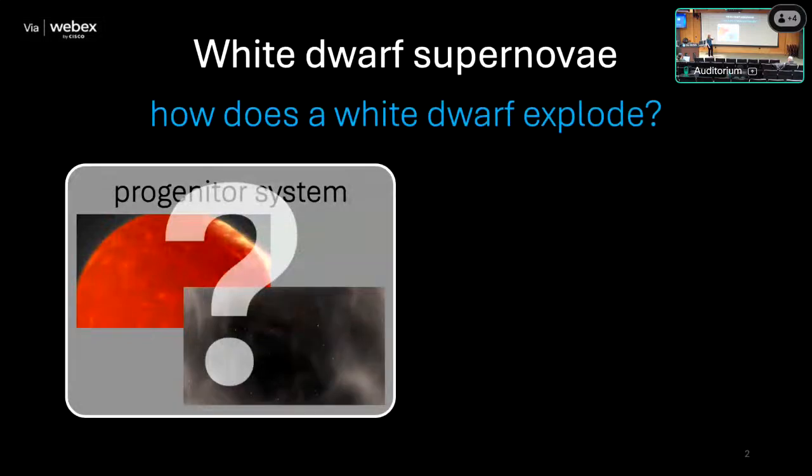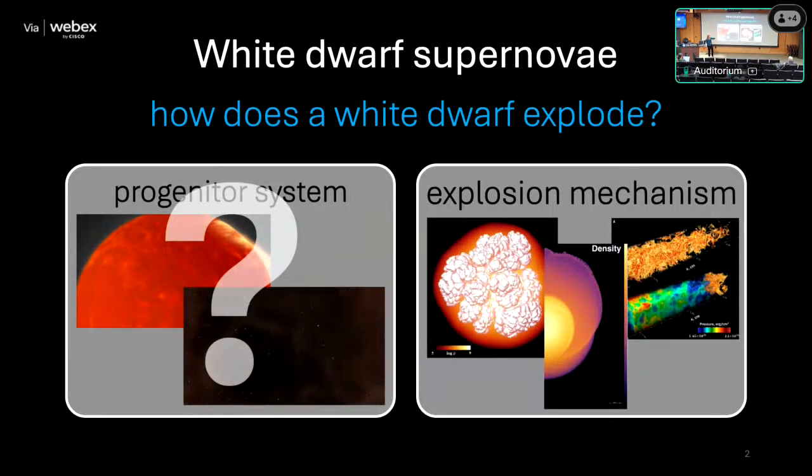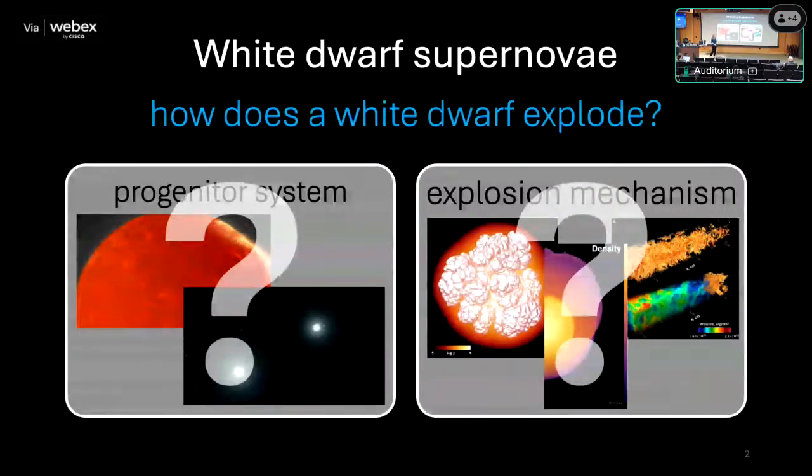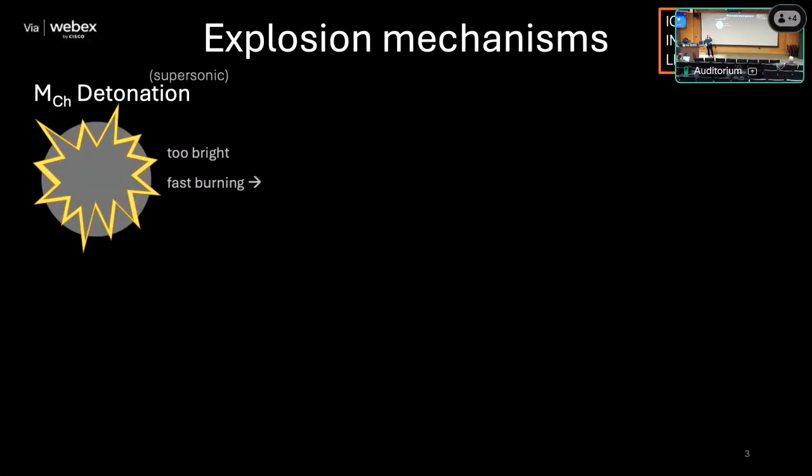This is still a very open question, and the other part is, once we get it to explode, how does that explosion proceed? It can be fast burning, slow burning, or slow triggered to fast burning. We really don't know.